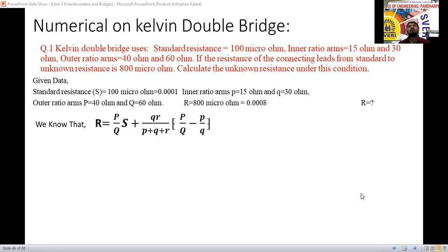1.55. What is the unit? Micro ohm. Let me check that one. Let other people do the calculation, I will disclose the answer. Any other persons?